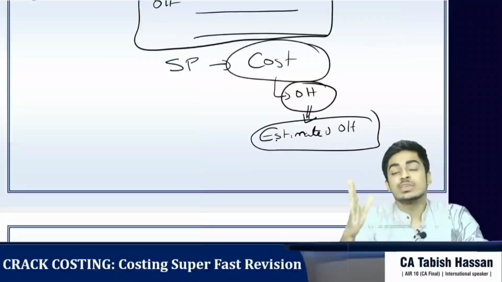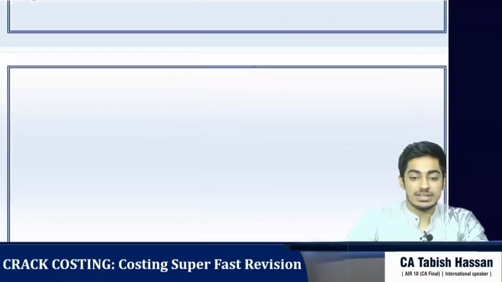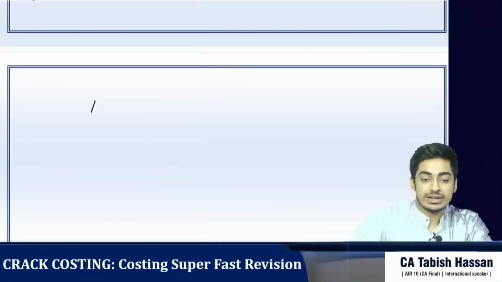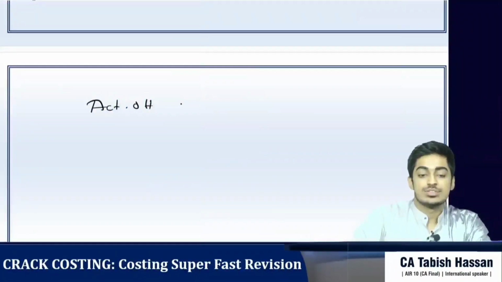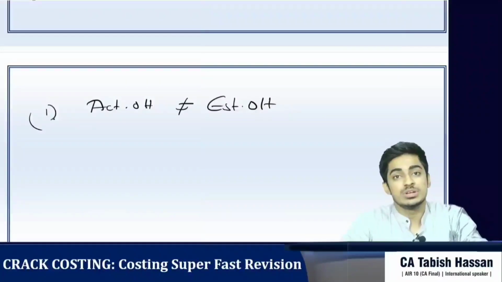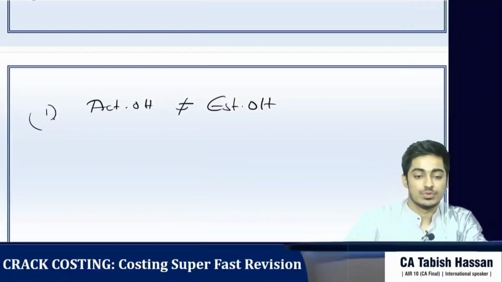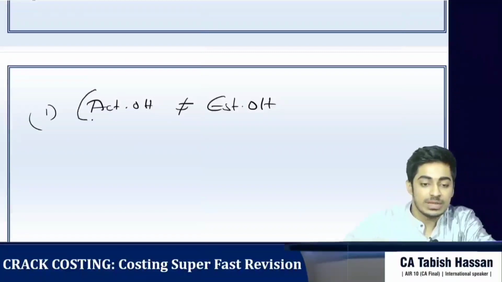At the end of the year, we will know what the actual overhead is, and there is every possibility that actual overhead is not equal to the estimated overhead. So when actual overhead is not equal to estimated overhead, the recovery would not be right. There would somewhere be an under or over recovery. We would have either recovered less or we would have recovered more.